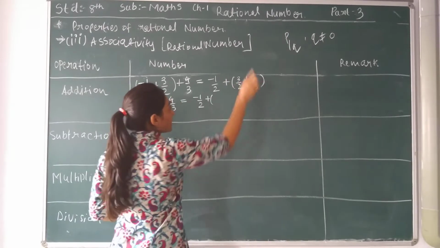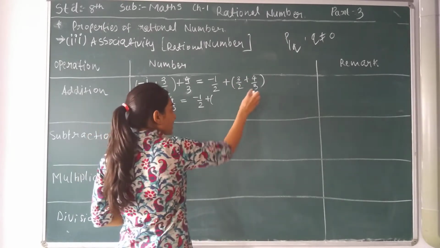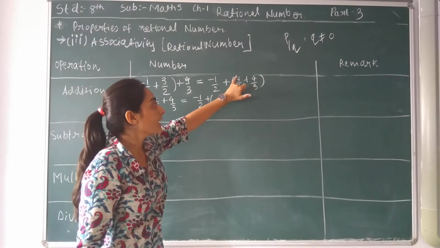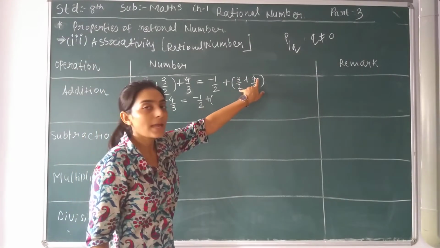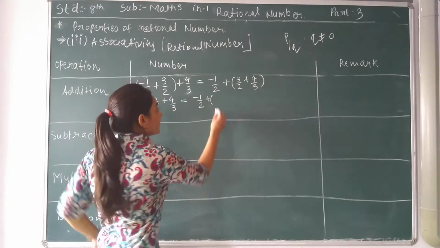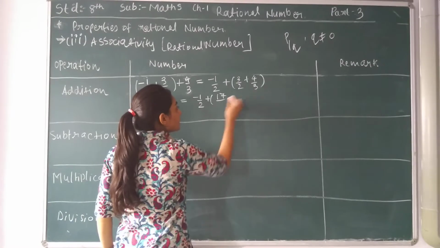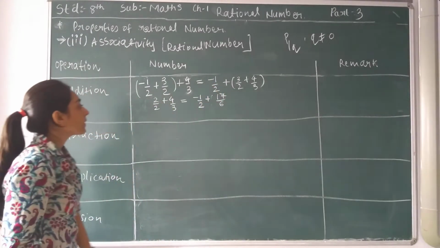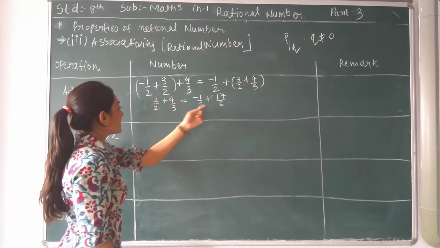Now take the LCM. 3 threes are 9 and 2 fours are 8. 9 plus 8 is 17. 17 divided by 6.